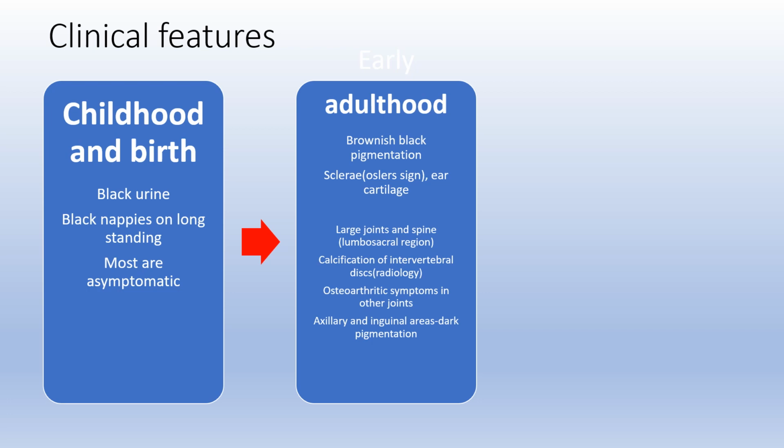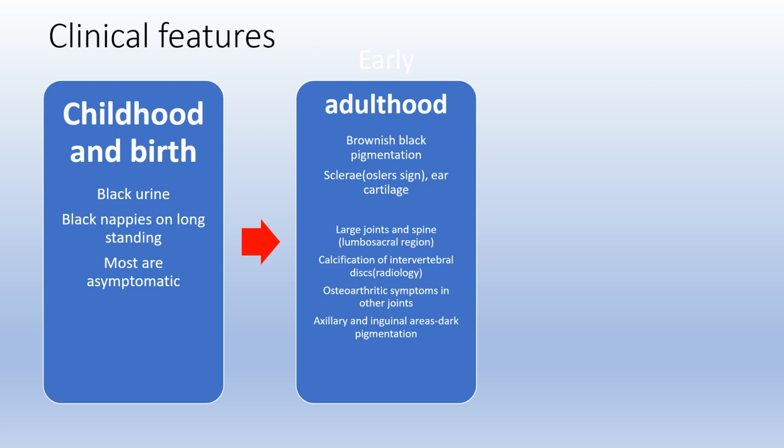These patients present with a brownish black pigmentation of their sclera, known as Osler's sign, clearly seen on their eyes, with blue pigmentation also seen in their ear cartilage and ear lobes, the anterior aspect of their nasal bridge, the anterior thorax, and the anterior aspect of their palms. Osler's sign is also useful in the clinical diagnosis of this disorder.